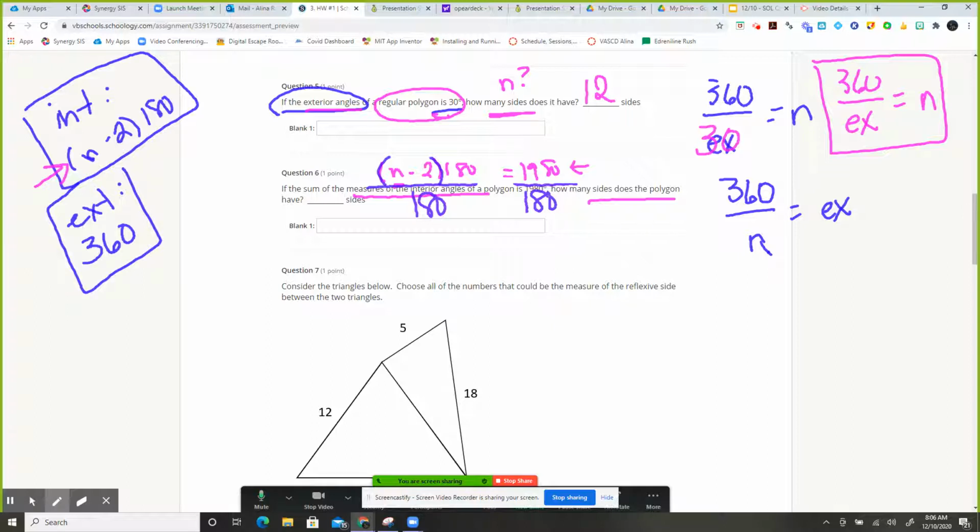So we're going to do that backwards. We're going to undo the parentheses, so we're going to divide by 180. What's 1980 divided by 180? 11. And then how do I undo that minus 2?